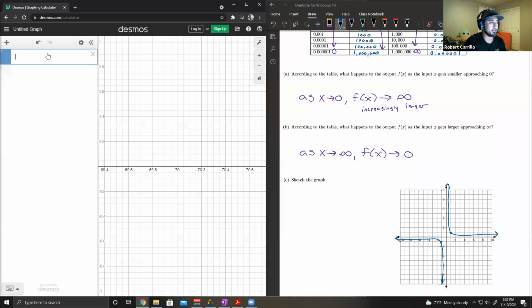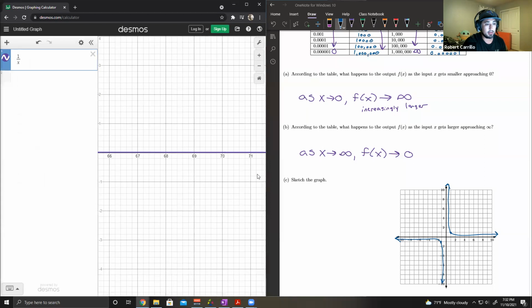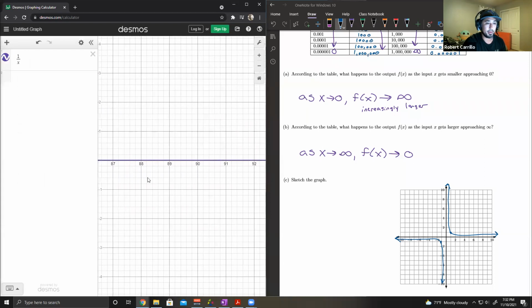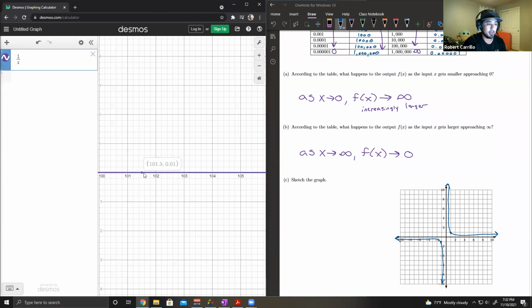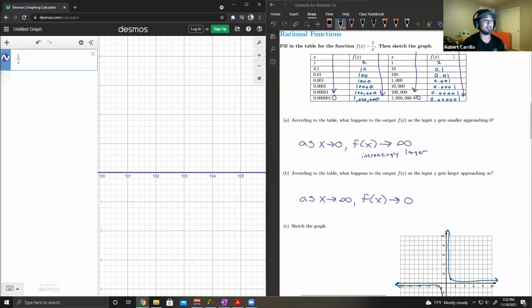I could do this though. Let me see, 1 over x. And now it'll actually let me trace. So all the way out there, yeah. Even if you went to that 100, so still going, still going. No matter how far you go down the x-axis to the right or to the left, our graph will never, ever touch 0. Okay, so everybody good with that page?